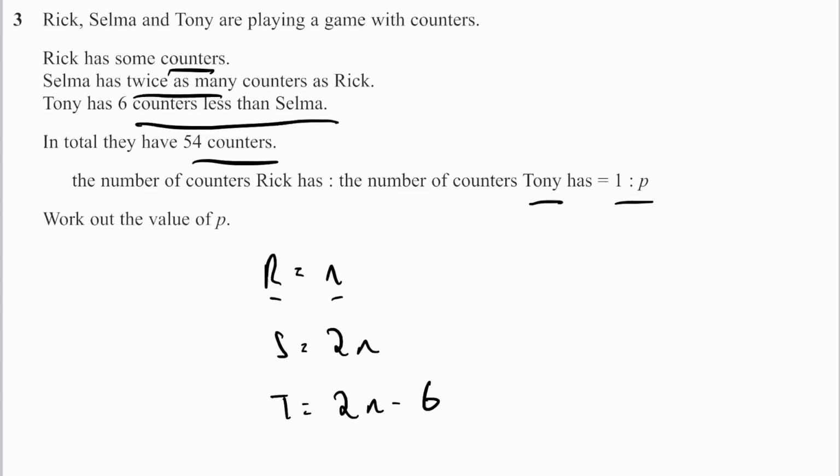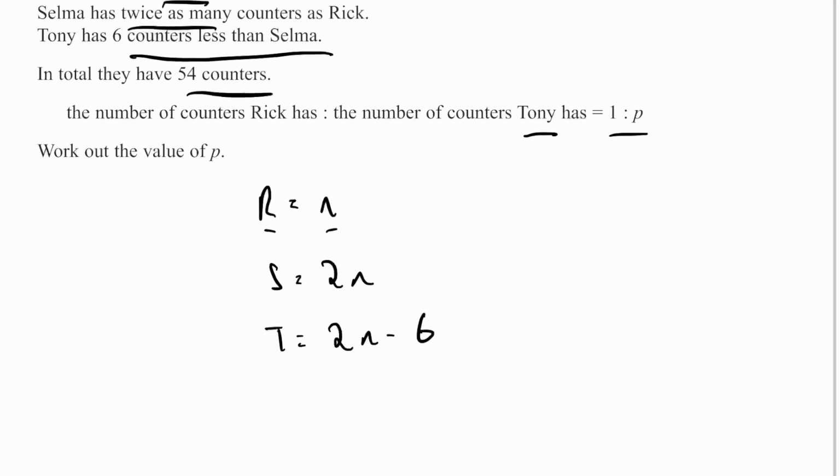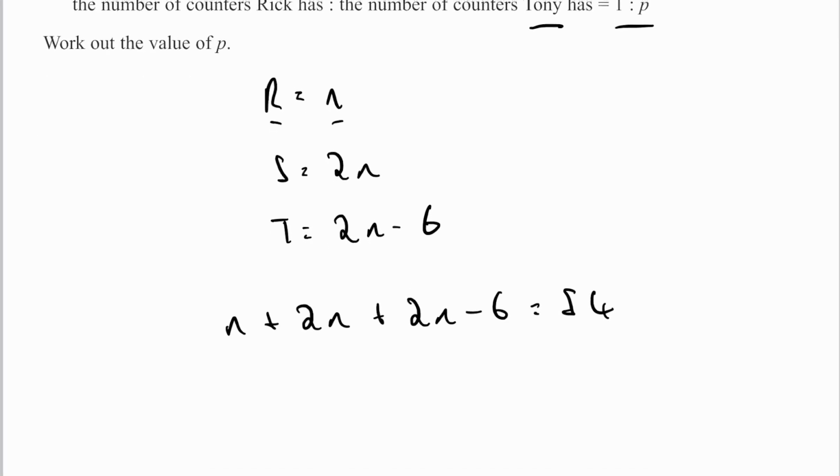Then we know the last one we need is this statement here, that the total is 54 counters. So if you add all these up, we should get 54. So we can write that as an expression as well. So you get n plus 2n plus 2n minus 6 is equal to 54. Now, very simple. We've just got a basic linear algebra equation where we can solve for n.